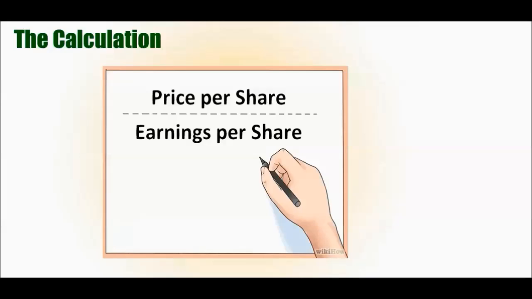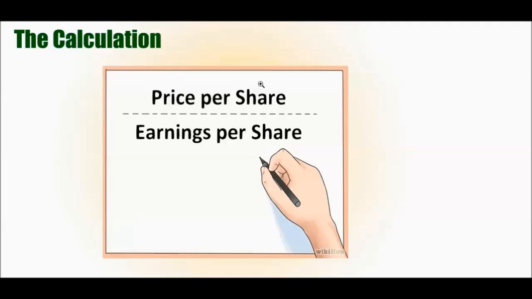So one traditional way a lot of investors look at the PE ratio is that a low PE ratio is indicative of a value deal, something that's on sale. A high PE ratio is indicative of something that's very expensive or has very high expectations for the future. So that's a broad or simple concept. Again, we'll get into some of the nuances and where that may be appropriate or inappropriate shortly as well.